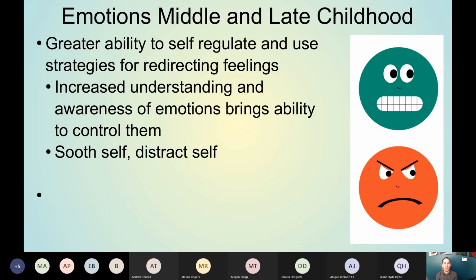Some of that capacity might appear to go away in adolescence, but we'll talk about why that is. Mainly it's because they're feeling the emotions at a higher level, stronger and more intense to them now, so they don't have practice regulating that intensity of emotion. That's essentially why in adolescence some of this regulation ability might kind of disappear. But we're getting ahead of ourselves with that.